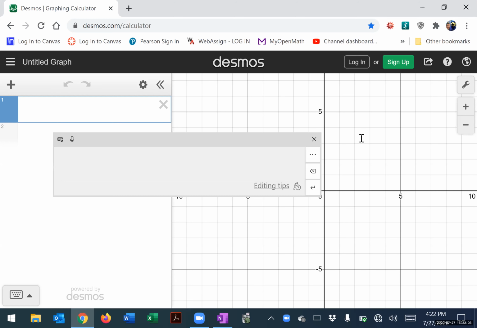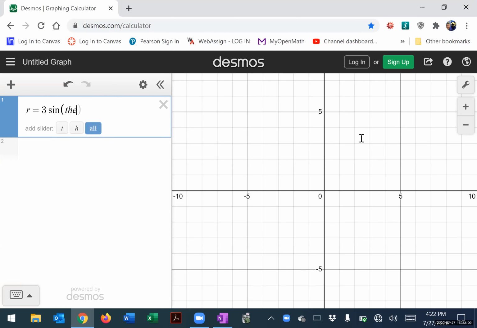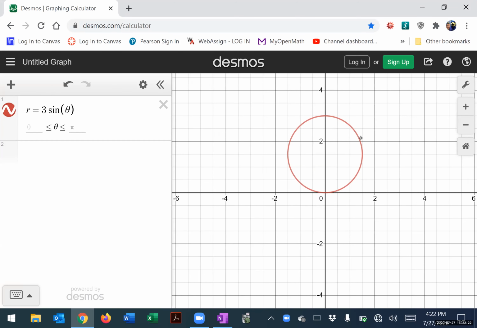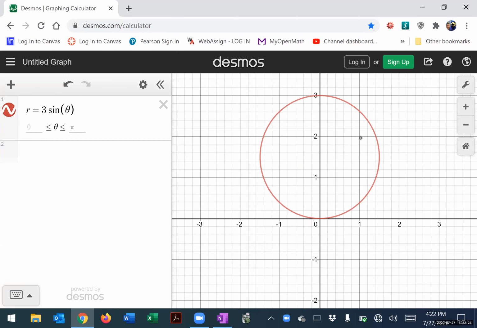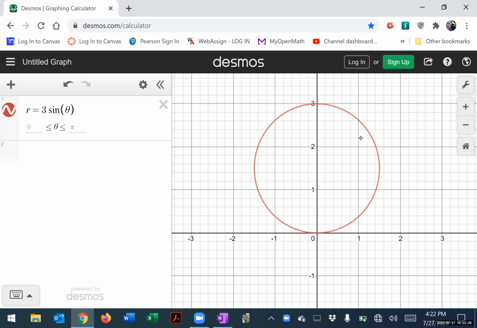Okay, that's a circle. Look at that. That's a circle. Looks like a circle of radius 1.5. If I were to zoom in on that, the center is at 0, 1.5.